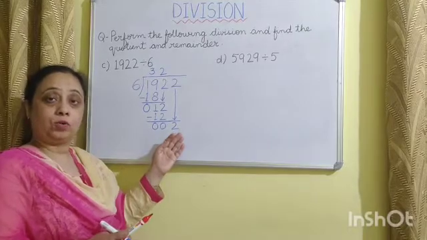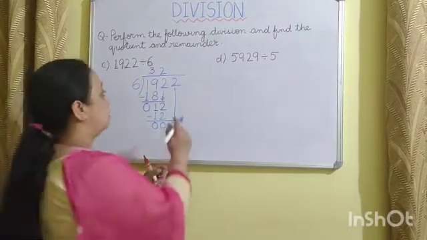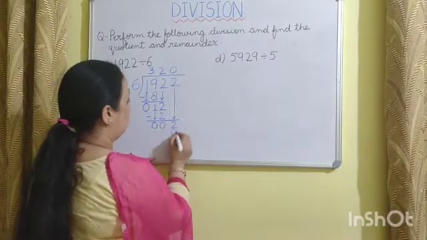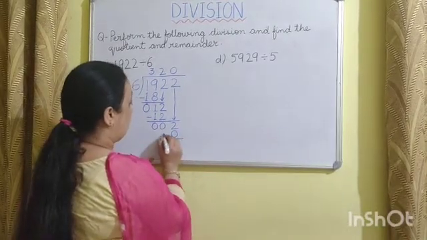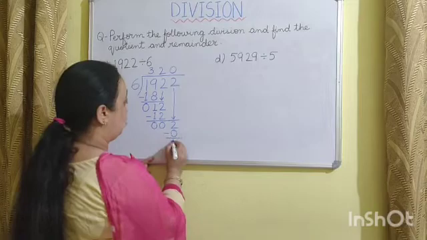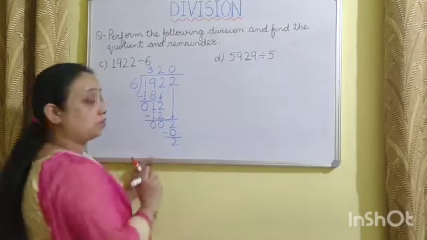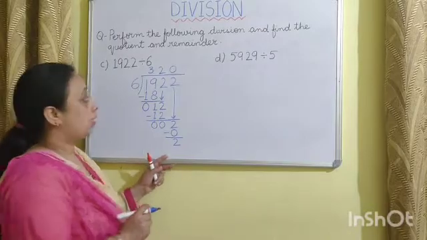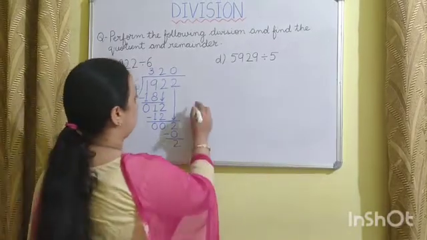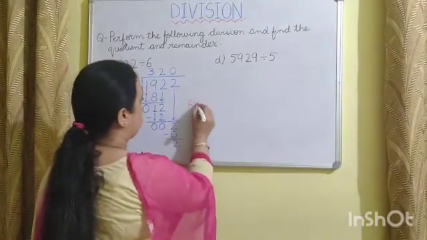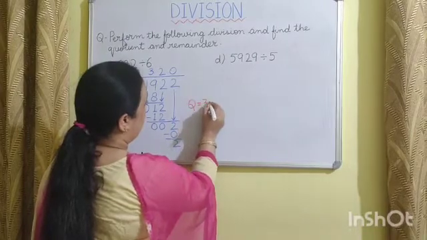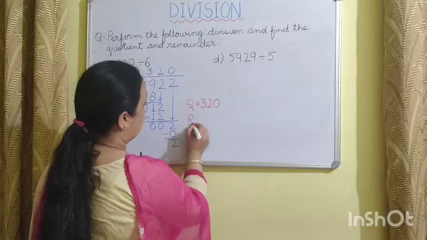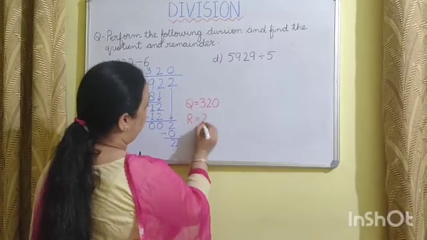So what we have to do is we'll write 6 zeros are 0 and subtract it. 2 minus 0 is 2. Is it clear to you, children? Now what is the quotient here? Our quotient is 320 and our remainder is 2 here.